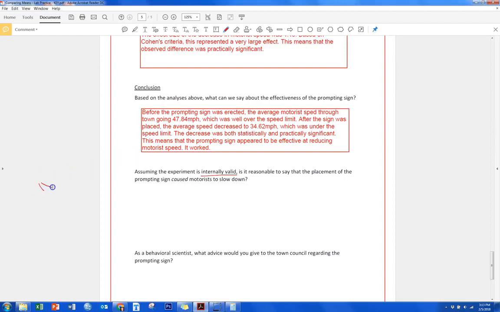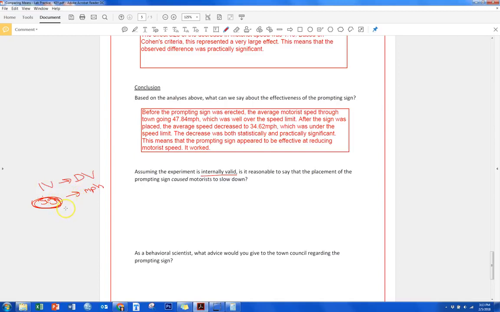So remember, the independent variable causes the dependent variable, or the dependent variable depends on the independent variable. In this case, the independent variable was the sign, and the dependent variable was the speed in miles per hour. If the experiment is internally valid, that means that it was the sign that caused this difference.